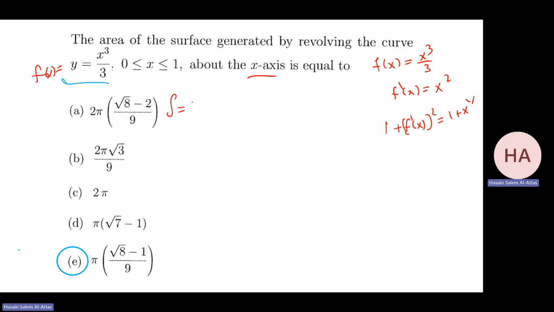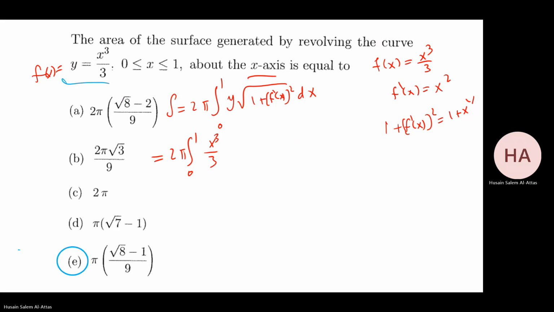So my S is 2 pi integral from 0 to 1 of y square root of 1 plus f prime of x squared dx. That will be 2 pi integral from 0 to 1. What is y? x cubed over 3, times square root of 1 plus x to the power 4 dx. I need u and du.